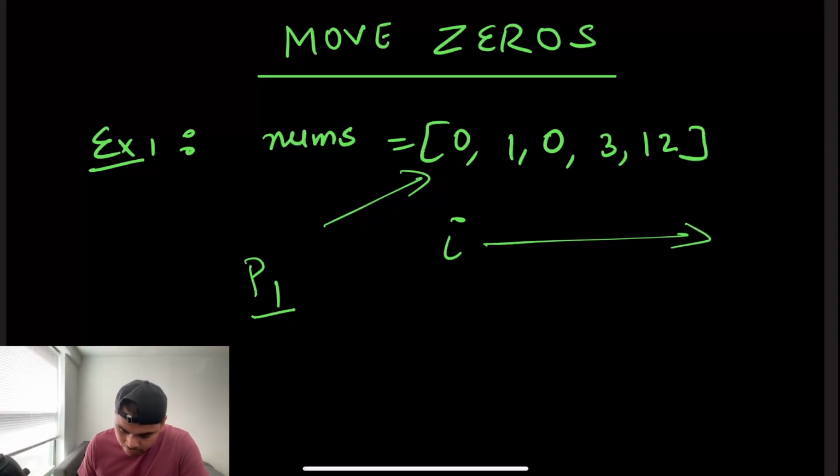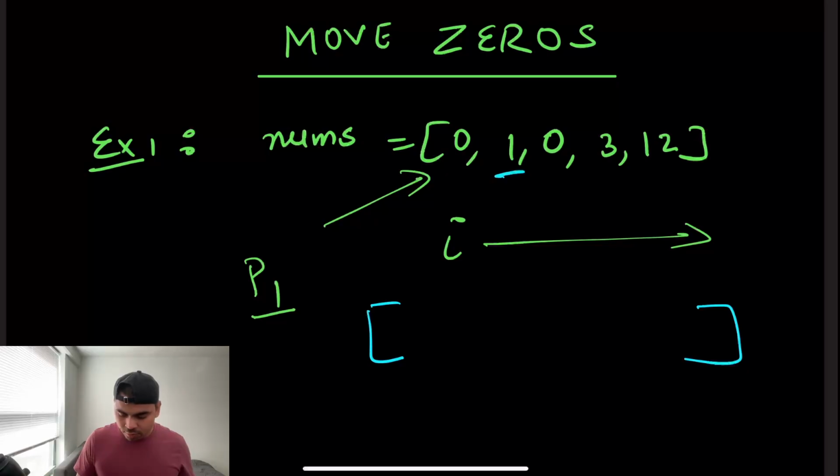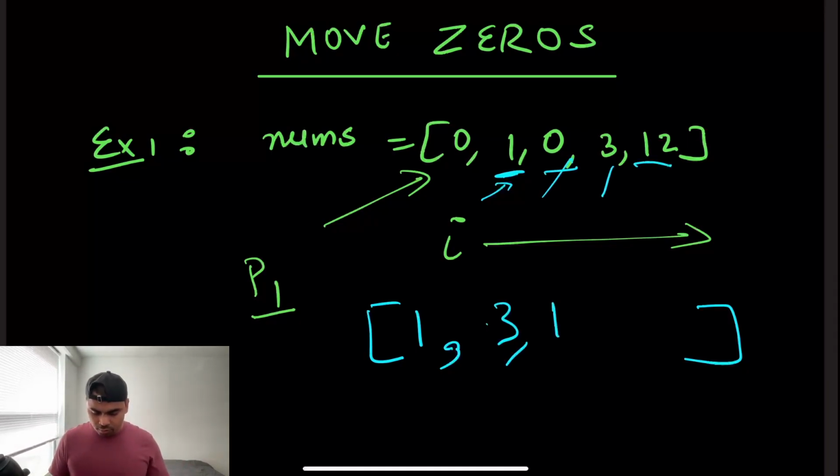So initially p1 is pointing to 0, then i is increasing. 0 is not considered, 1 is considered, place it at p1, and increment p1 to the next position. So it's pointing over here now. Then 2 is 0, which is ignored, 3 comes here, then 12 comes over here.